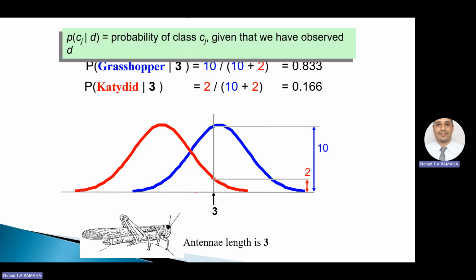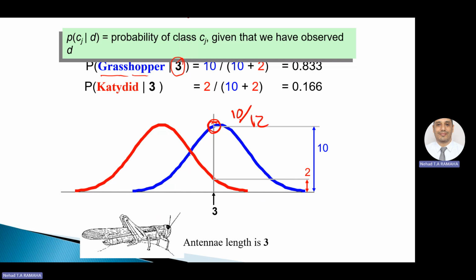So the probability of having grasshopper with length 3 is equal to how many insects that we already know in the data set have length 3? We have 10. Divided by the total number of the insects, which is 12.